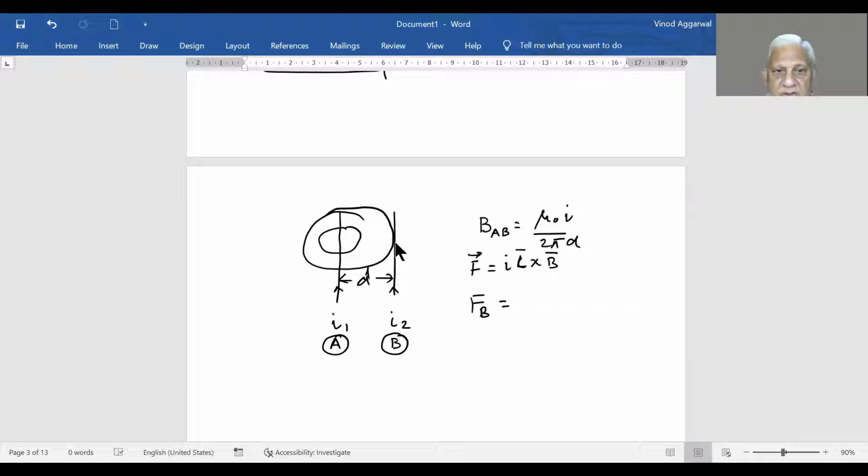It is equal to I2, the current carried by it, then its length, into the magnetic field on account of A, which is mu naught I by 2 pi d. And what will be the direction of this force? This force is L cross B.